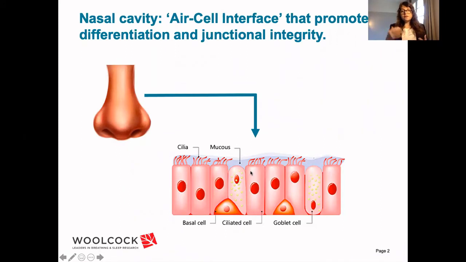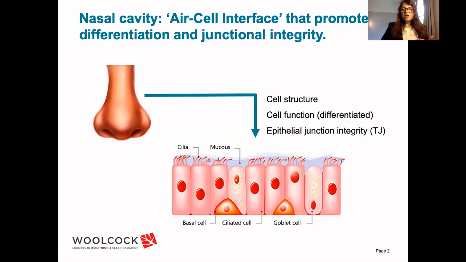Ciliated cells produce the cilia that are important in creating the movement to move the mucus out of the airways, but also goblet cells, which are important for secreting the mucus and act as the buffer between the air and the cells.